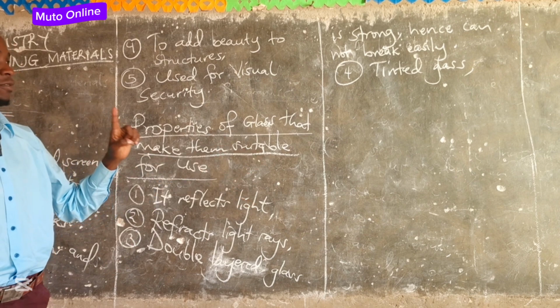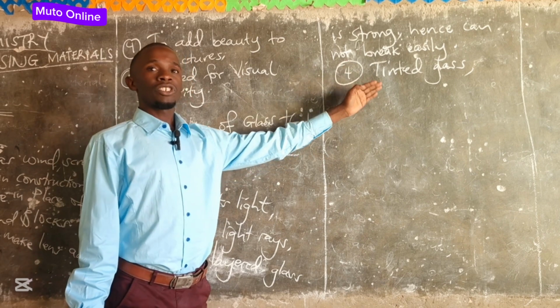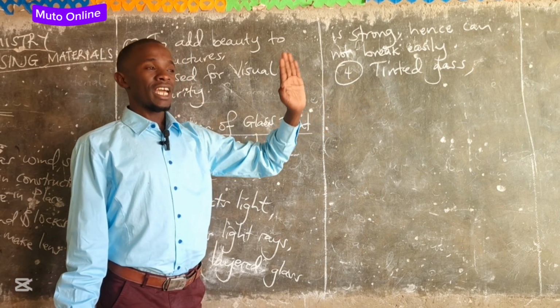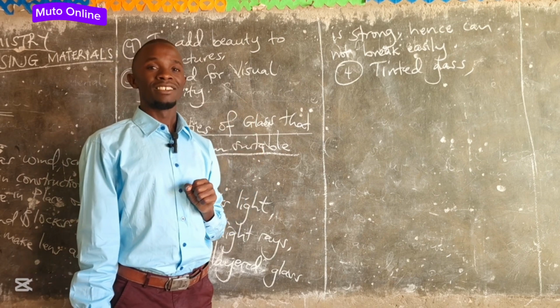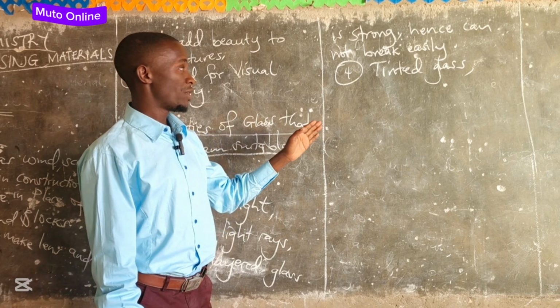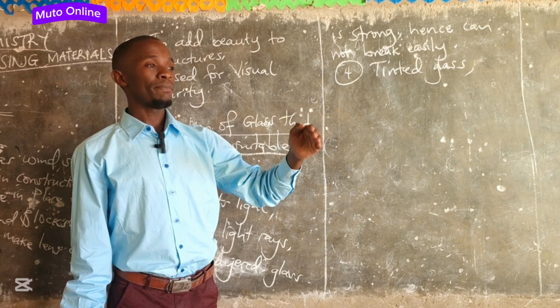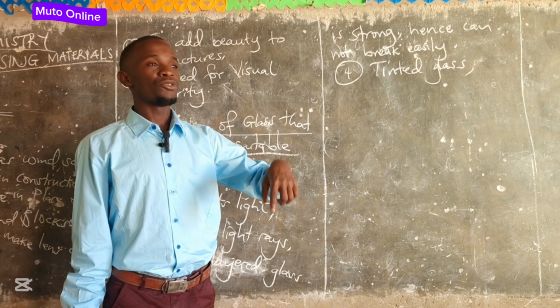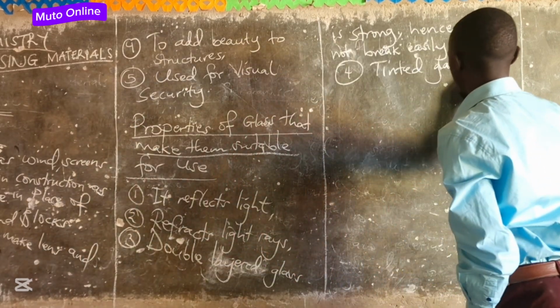This is an advantage in visual security because in that way, you can only see through it from one side. For example, like we've mentioned, in those tinted glass, when you are capable of seeing from inside, you cannot see from outside. So it is good for visual security.